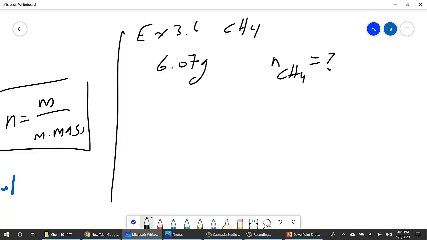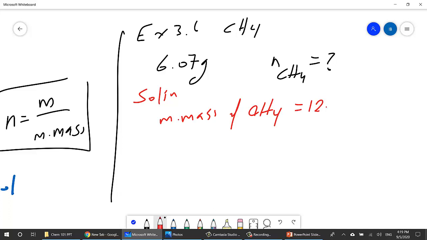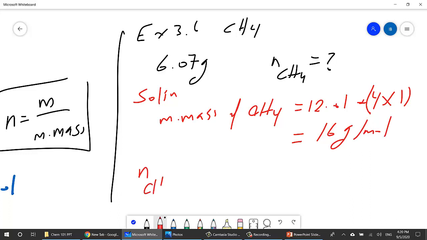So you need the molar mass. For the solution, you can say the molar mass of CH4, you can calculate that quickly. Carbon is 12.01, let's say, plus you have 4 times 1. Let's just round our answers here. So that will give you almost 16 gram per mole. That's the molar mass of methane. And therefore the number of moles of CH4 is equal to what is given to you, 6.07 grams of CH4 times, and now here is something really important.